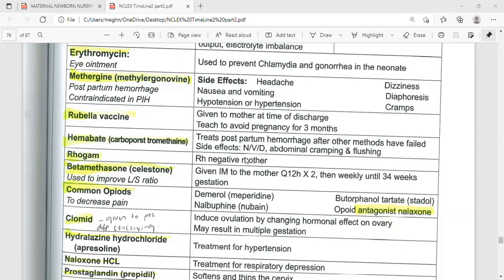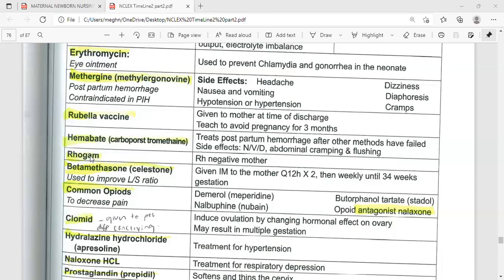Imagine an Rh negative mother and an Rh positive father, or an Rh negative woman meeting an Rh positive man and conceiving a child. The Rh negative woman with an Rh positive fetus. That is when we prescribe RhoGAM.